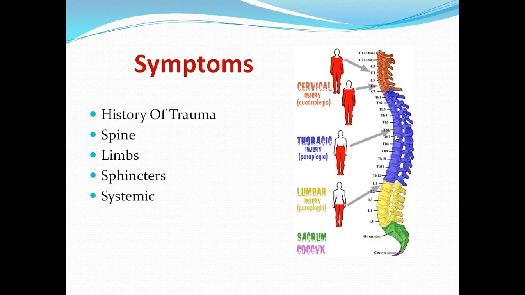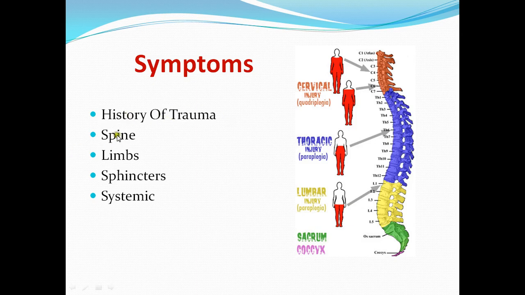Whenever we are taking the history of such patients, we should ask about these things. One is the history of trauma, whether there is a history of road traffic accident, a fall, assault, firearm injury, or any other cause.